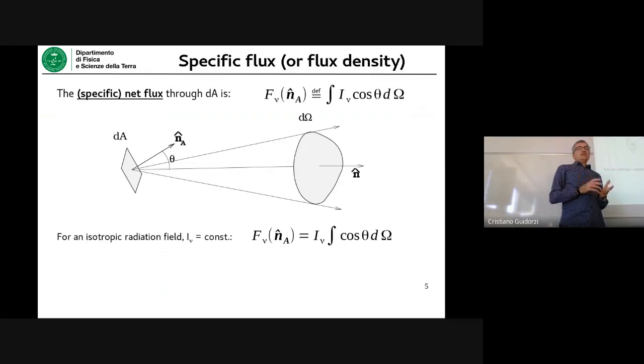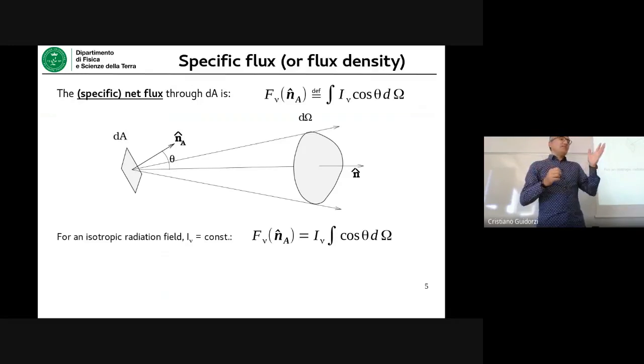So what does this mean? That in the case of an isotropic radiation field, the net flux crossing a given surface is 0. Why? This is also easy to understand.